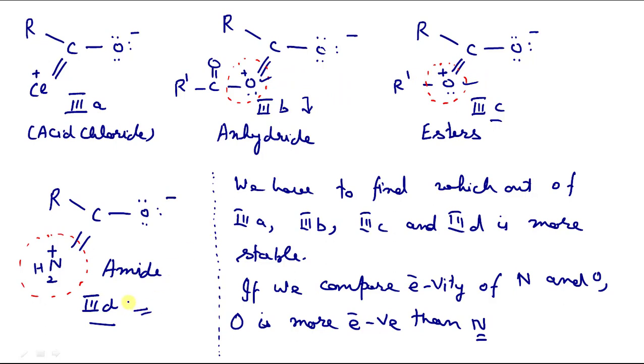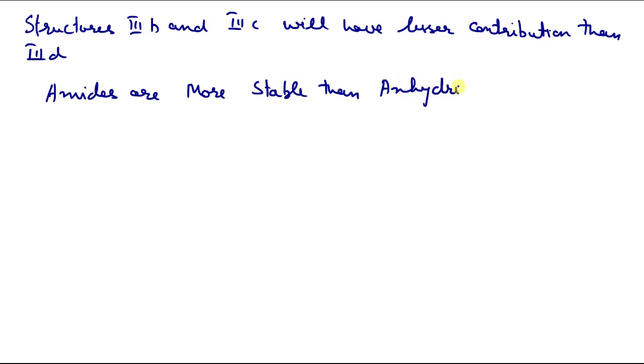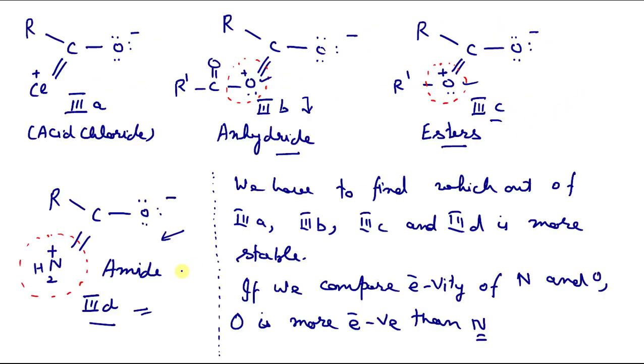So the resonating structure of amide, 3D, has the higher contribution towards resonance hybrid than anhydride and esters. So amides are more stable. From this we came to know that amides are more stable than anhydrides and esters.